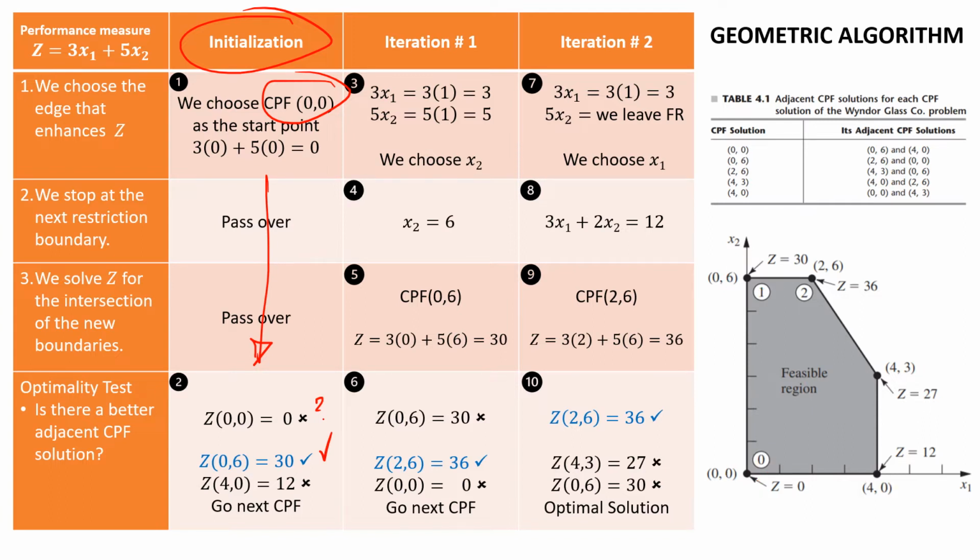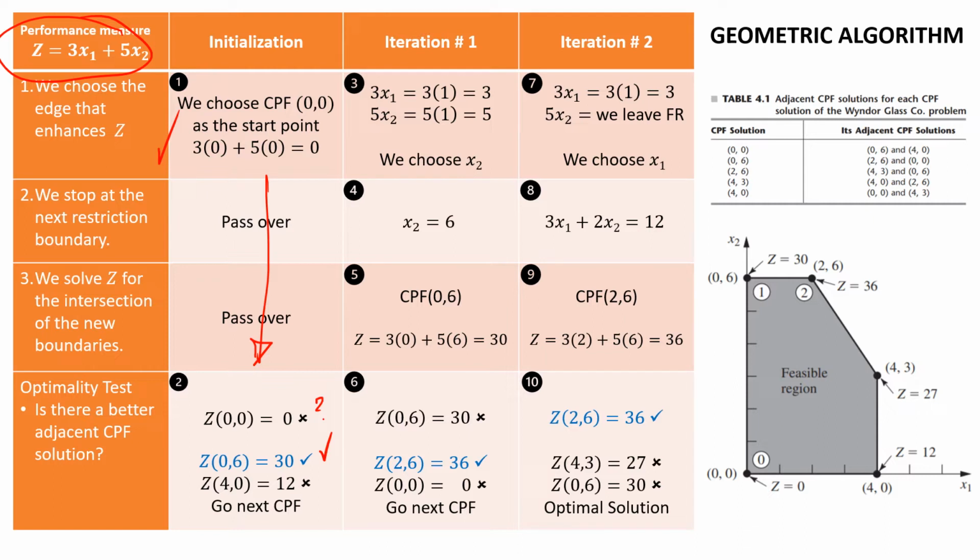Now we go to iteration number 1, and we're going to follow the algorithm. It says we choose the edge that enhances the performance measure. Remember that the performance measure is given by 3x1 plus 5x2.